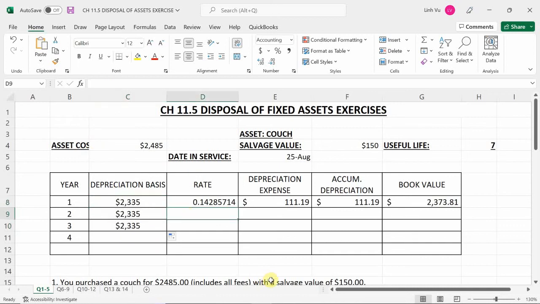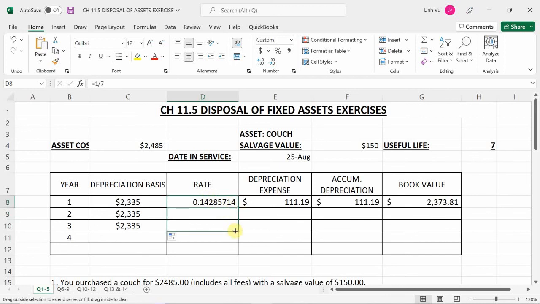What's my rate? I believe the rate is going to change. Why would my rate change? What's my formula for my rate? Oh, okay. It's going to be the same rate.